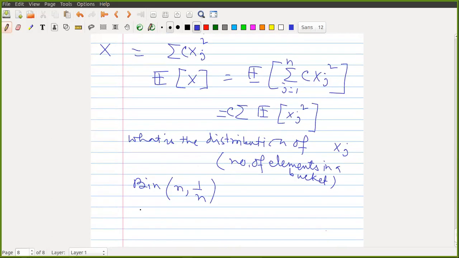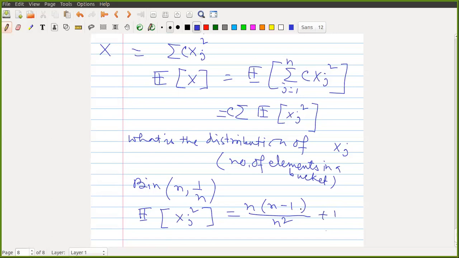And for this, if we do a little bit of calculation, E of xj squared would be n into n minus 1 over n squared, plus something. I've done this, so I'm not actually doing it here, but please try to do it yourself by defining it as an expectation. And if you cannot finish it, then maybe we'll have a look at it next time.